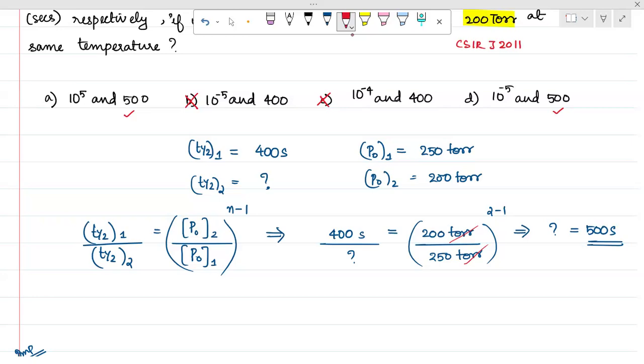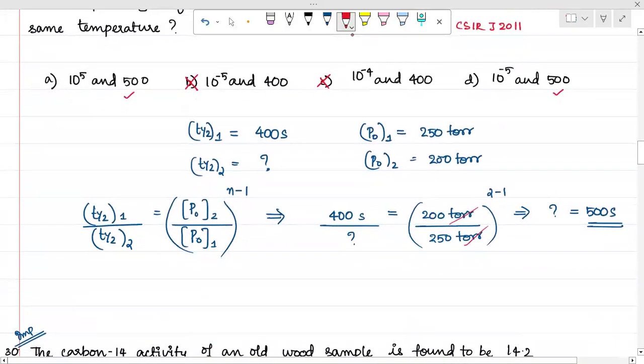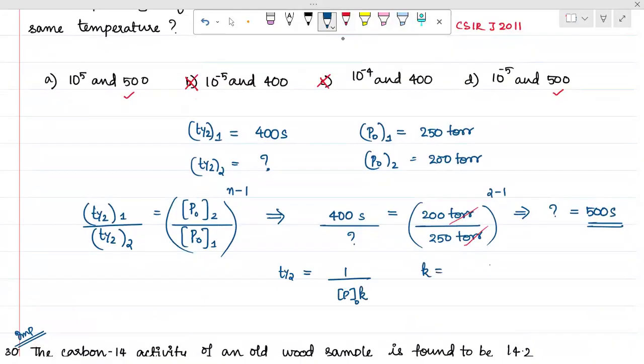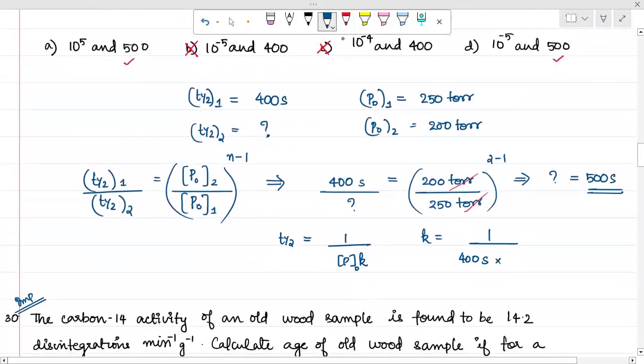Now, what is the next parameter they have asked? They have asked us to find the rate constant. That is also very easy. You know that for a second order reaction, T half is equal to 1 by initial concentration into rate constant. So K is equal to 1 by, let's put the first experiment's values, 400 seconds into the initial pressure was 250 torr.